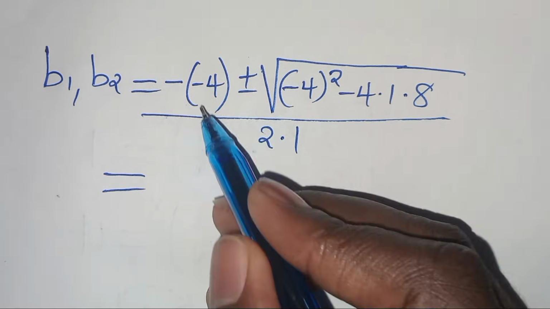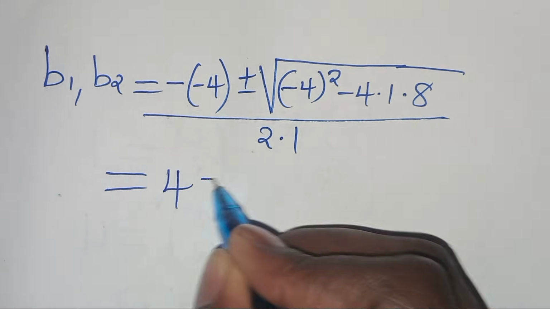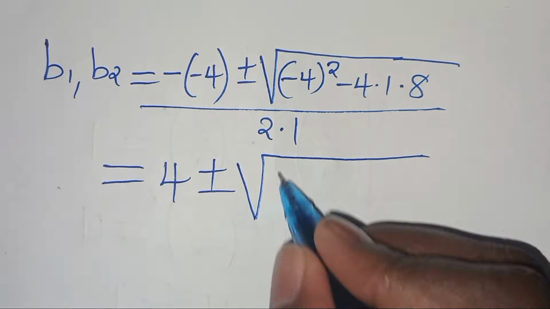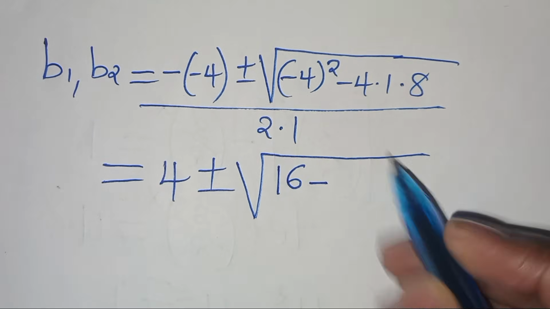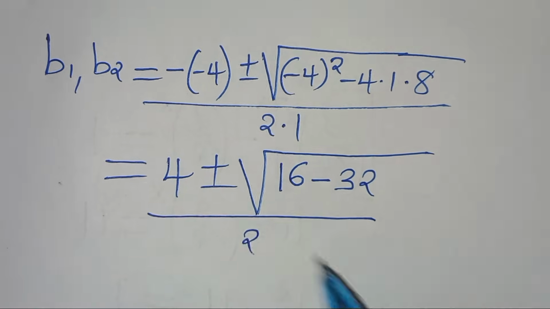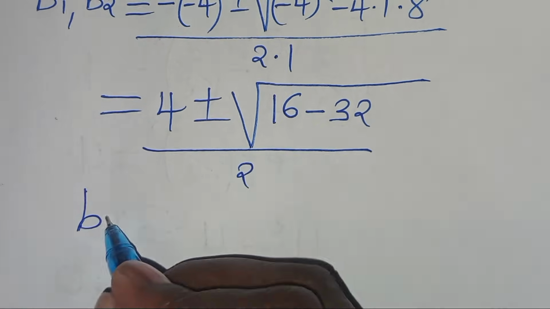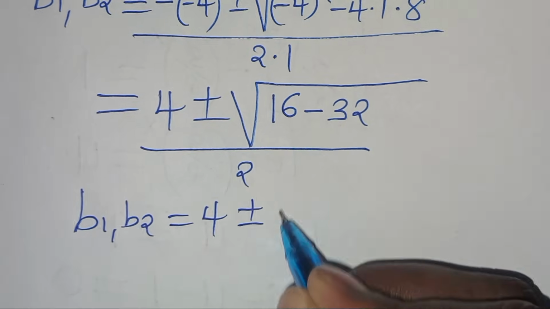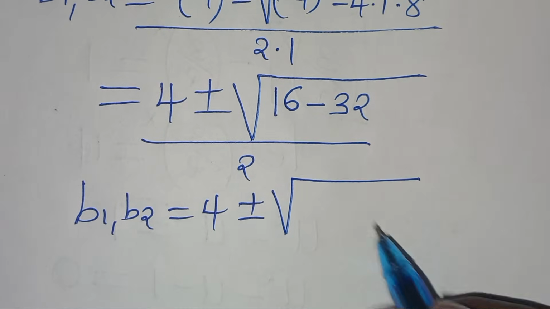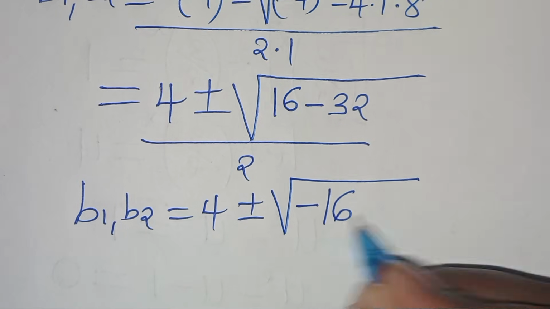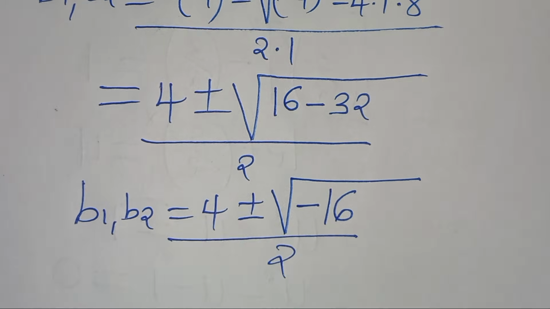So minus times minus 4, this is 4, plus or minus the square root of minus 4 squared, this is 16, minus 4 times 8, which is 32, everything here divided by 2. So we have b1, b2, this is 4 plus or minus the square root of 16 minus 32, this is minus 16, divided by 2.